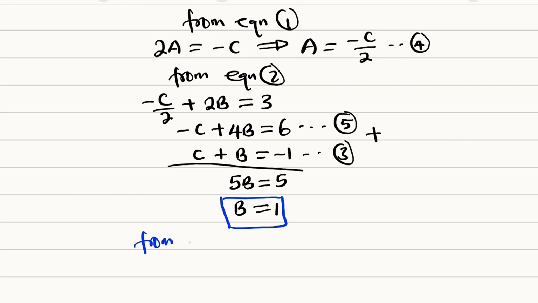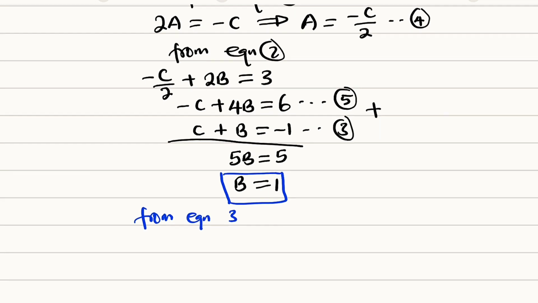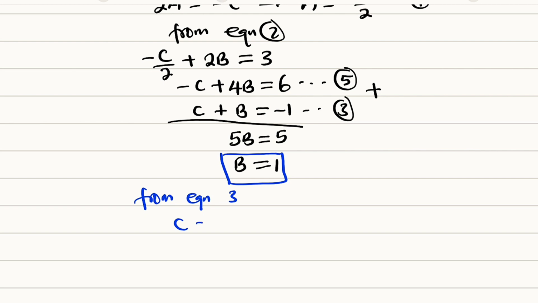From equation 3, you can see that c is equal to -1, -b if b crosses over, but b is 1, so we have c equals -1, -1. This implies that c is equal to -2. Another value found.